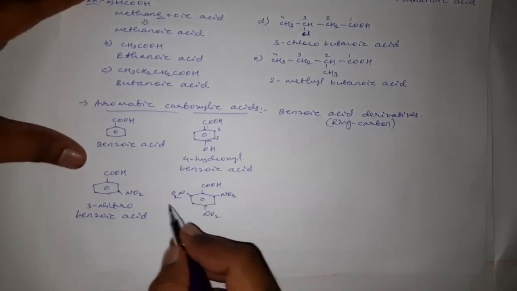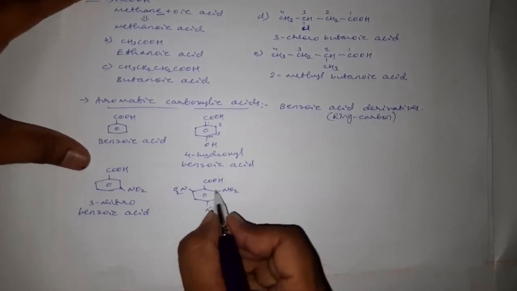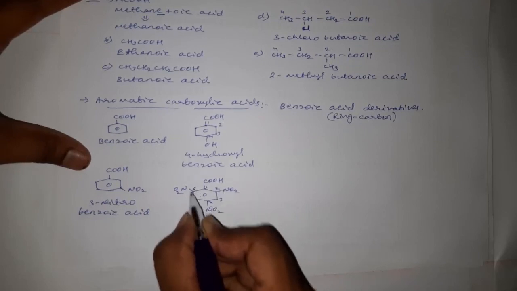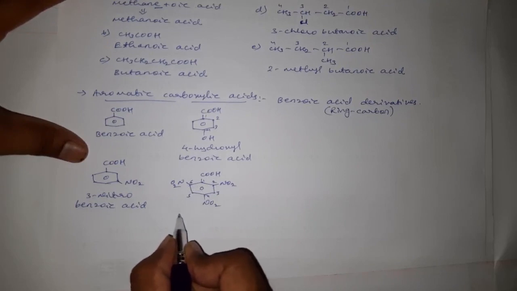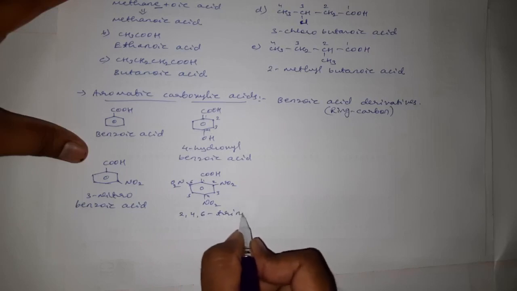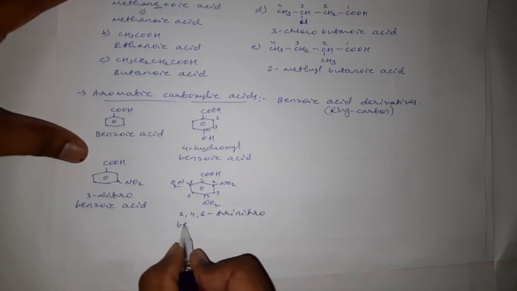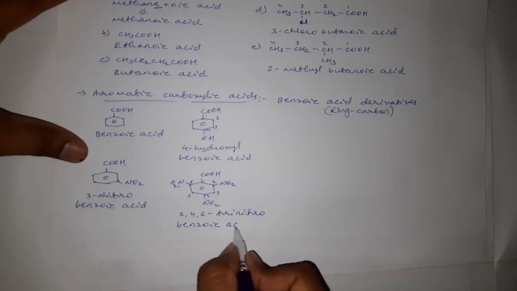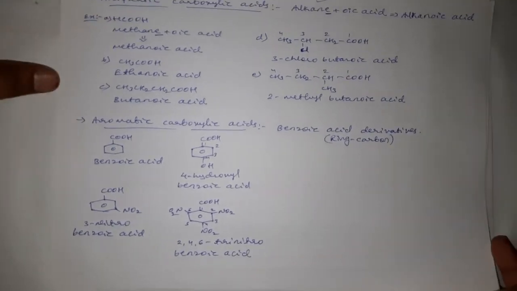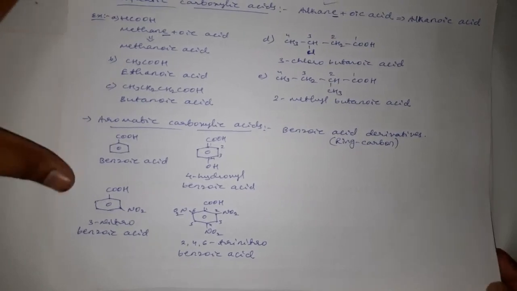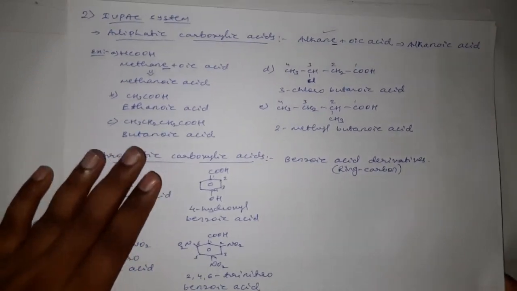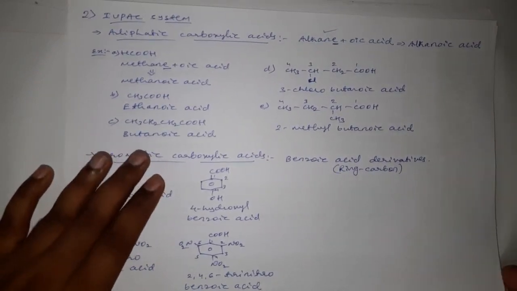Here 3 substituents are there, 3 NO2 groups. This is 1, 2, 3, 4, 5, 6. Therefore we can write 2,4,6-trinitrobenzoic acid. These are some examples of substituted as well as non-substituted aromatic carboxylic acids, and this is the IUPAC nomenclature system for carboxylic acids.